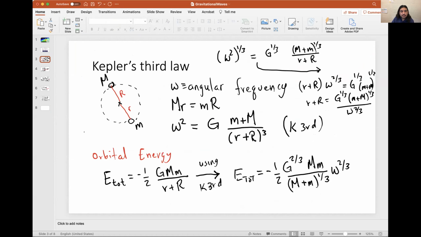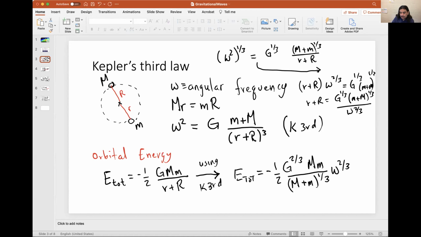So let's do the following. We have orbital energy here, right? So let's estimate the total gravitational energy by using this equation right here. Basically, this is the gravitational potential energy of the two masses when they're separated by their radius, right?